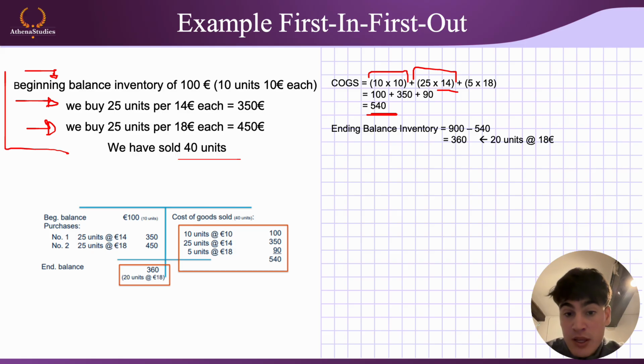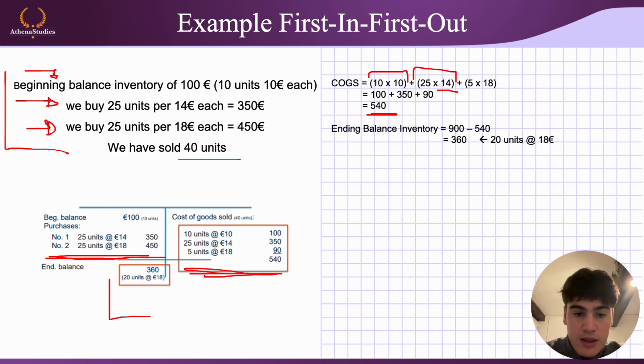As we can see, the ending inventory balance is 900 minus 540. Here we have everything we sell, and here we have, as in the past case, everything we buy. After the 900 minus 540, we have the remaining value of the units in our inventory.